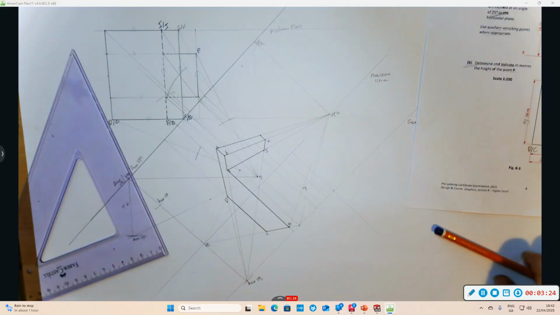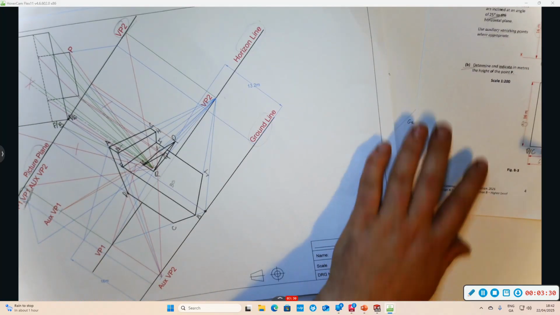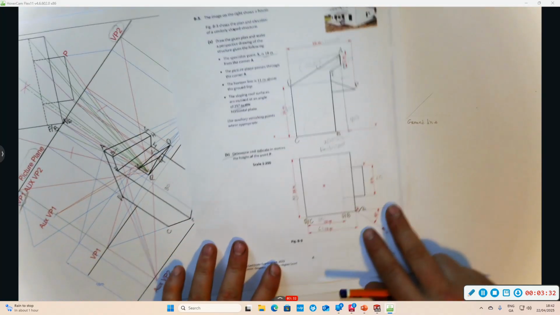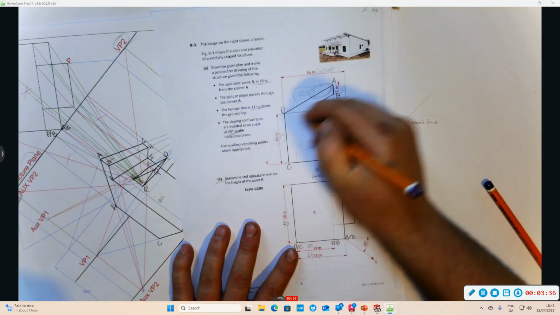Now, we're going to target the sloping surface at the front, or the little canopy. So, this one. So, we're going to label in our points.